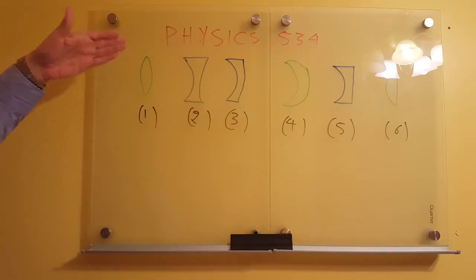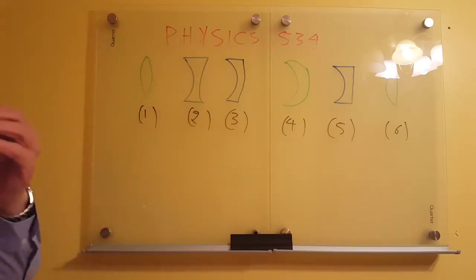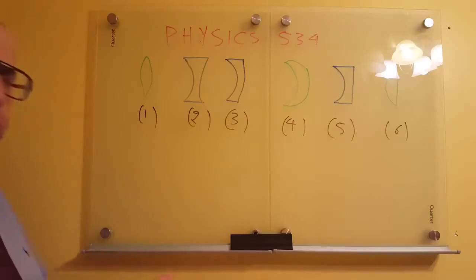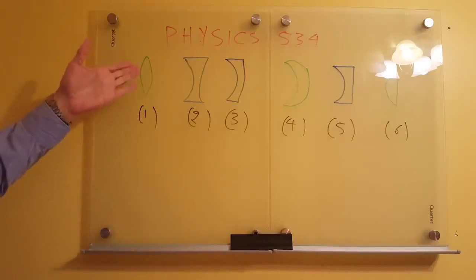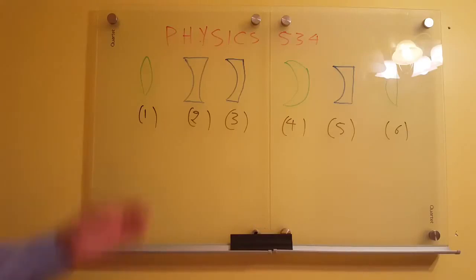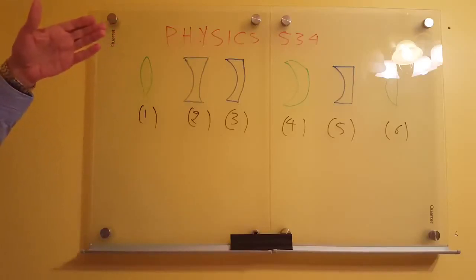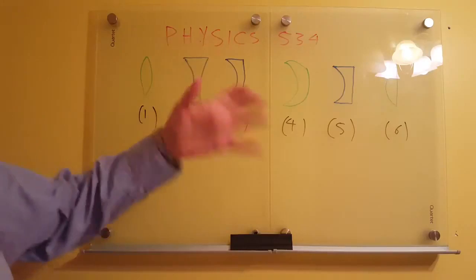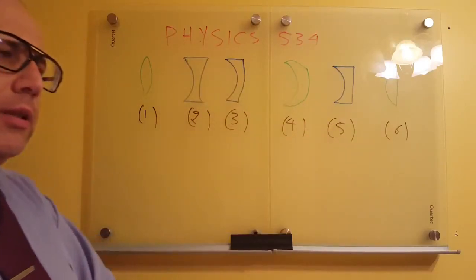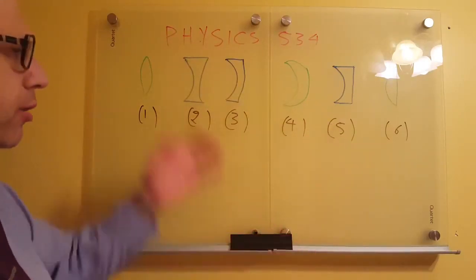Of course, 1 and 2, everybody knows that this here is a converging lens, and this here is diverging. This is also a convex lens, and this is a concave lens. And in any high school physics book you can see that.